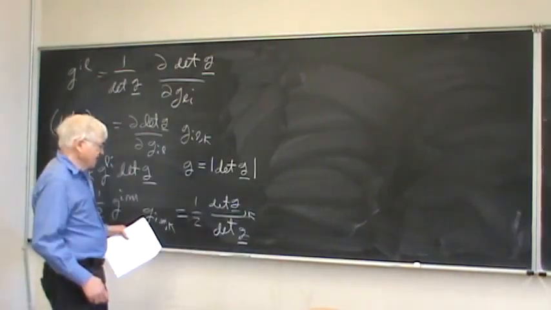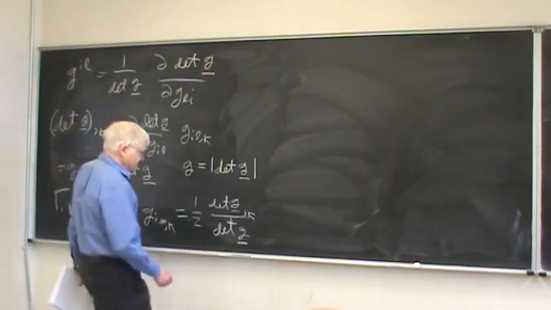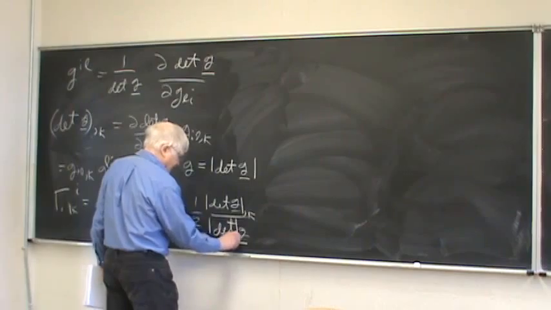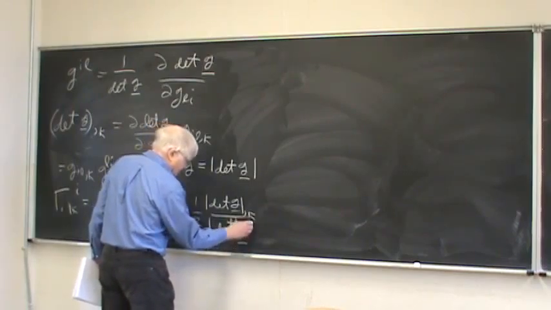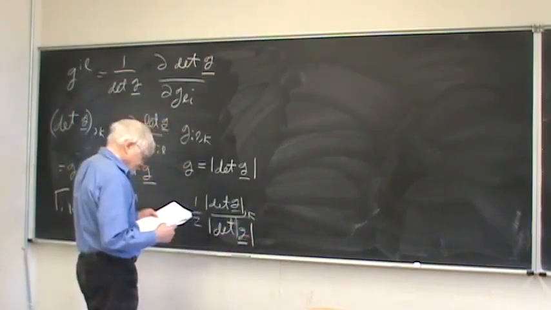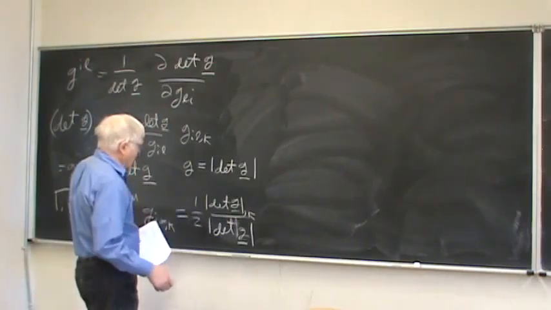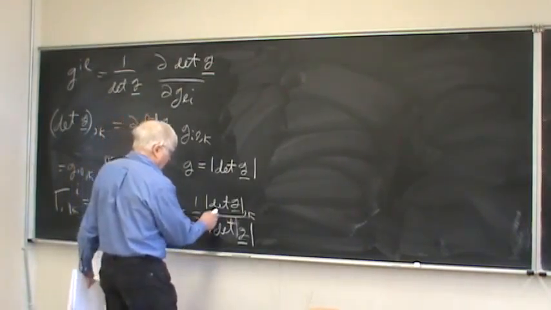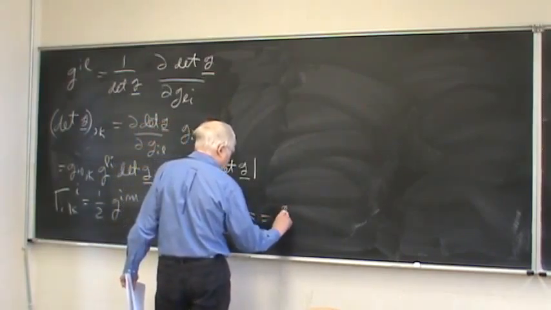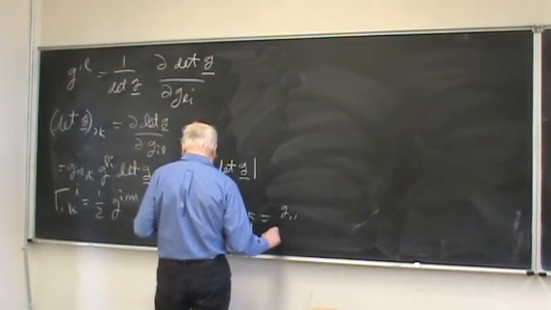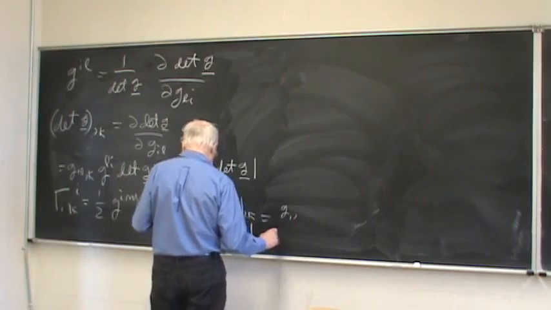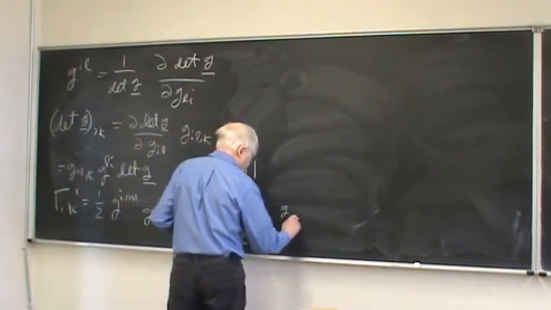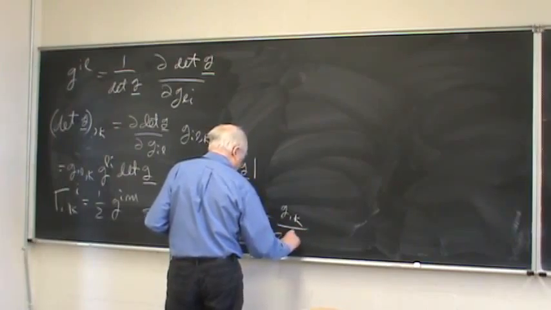And so if we do that, we can just flip in the absolute value signs like this. And now we can say, well, what is this? This is just G comma K. No, it isn't G comma K. That's, yes, it is G comma K. So this is G comma K over 2G.